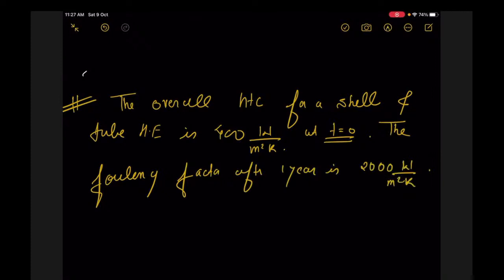The overall heat transfer coefficient at this point is... Solve this. You have to read the words properly, that which heat transfer coefficient is given.